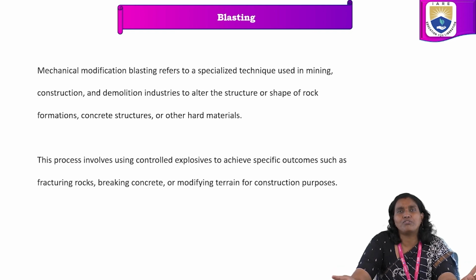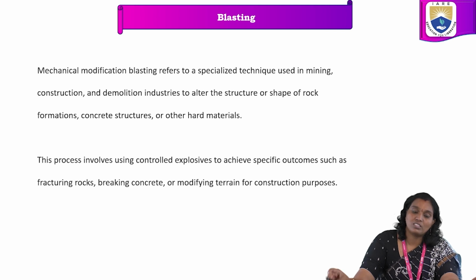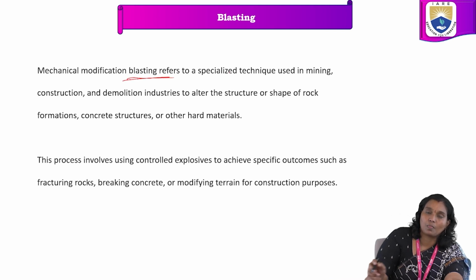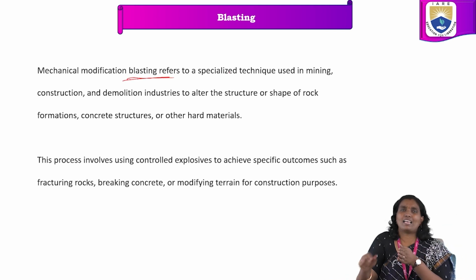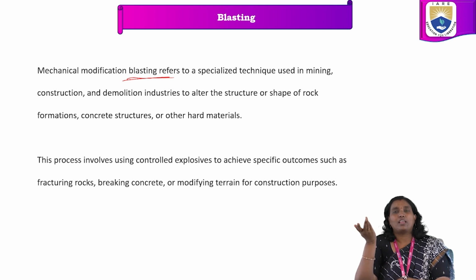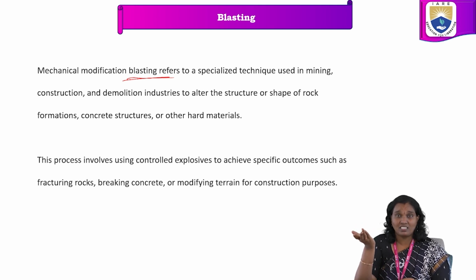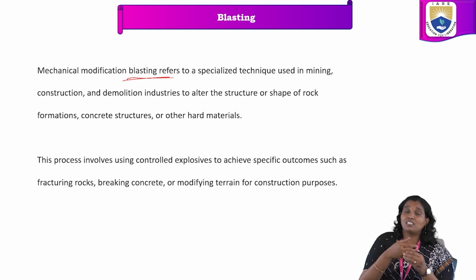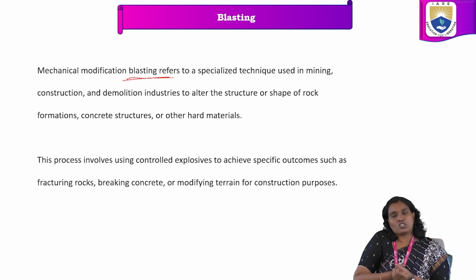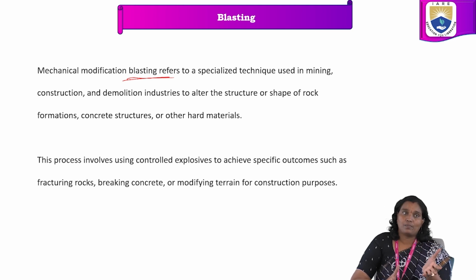One of these is mechanical modification, and in that also we have blasting. Based on blasting, how are we going to improve the ground properties or soil parameters, the properties of the soils, as per the required construction work? In blasting, it means we are going to blast things.